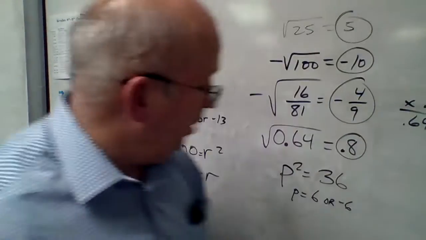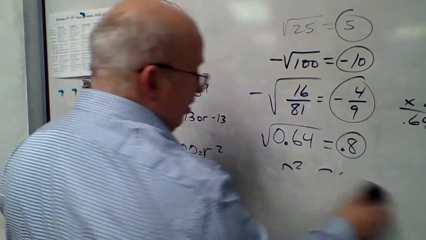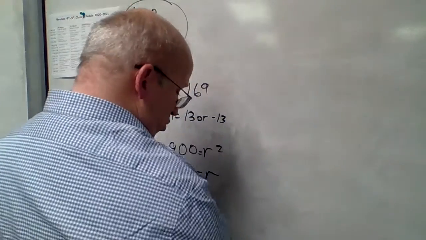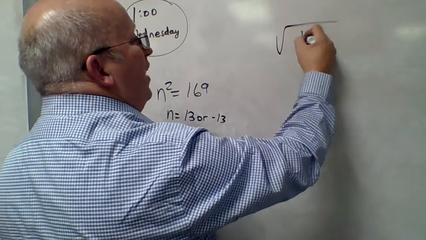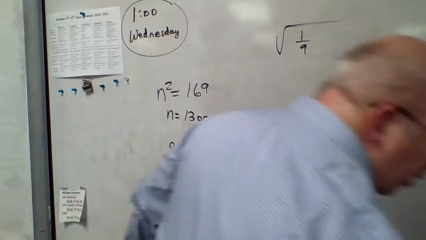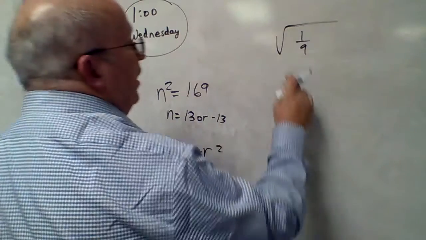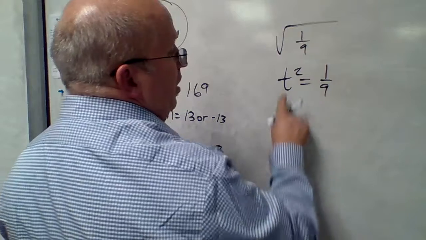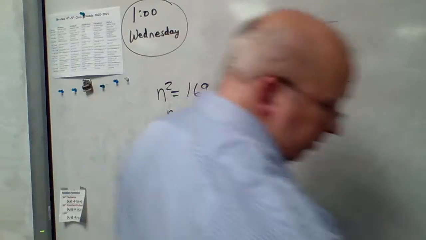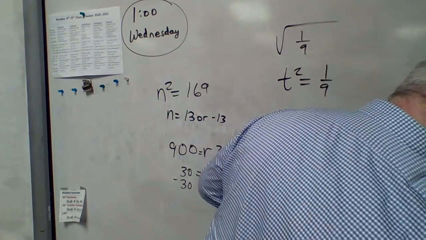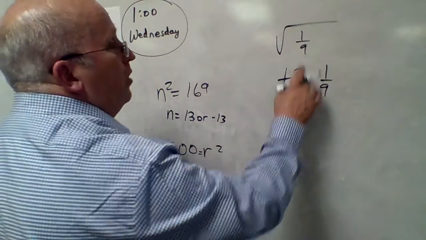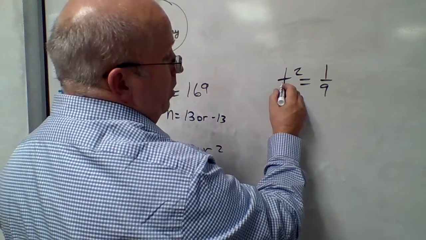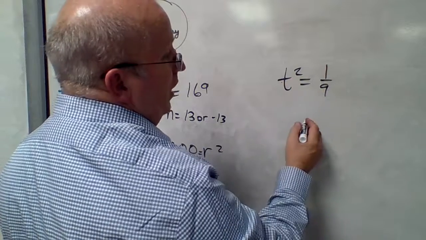How about the next one? That's kind of tricky, but it's not really that bad. What if you're supposed to find the square root of 1/9? How do you do that? They wrote the problem actually like this, for problem 12: T squared equals 1/9. But really what they mean is, hey, what number times itself gets me to 1/9?